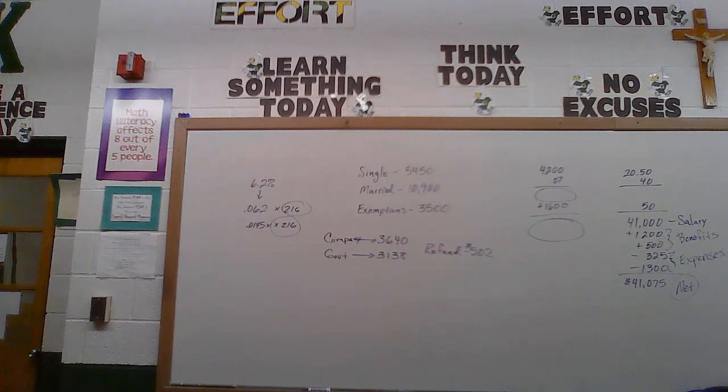Number 20 is kind of the same thing, but a little different because they give it to you as a percent for your benefits. They say Phyllis's job pays $46,350 plus 24% of wages in benefits.